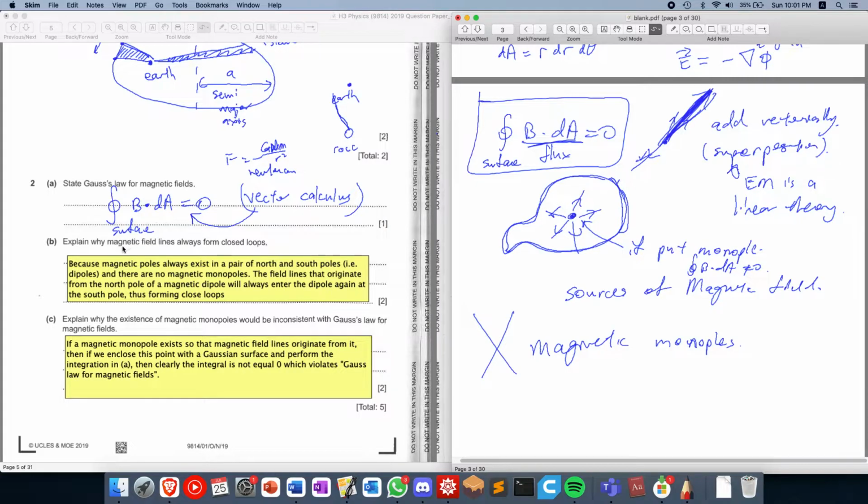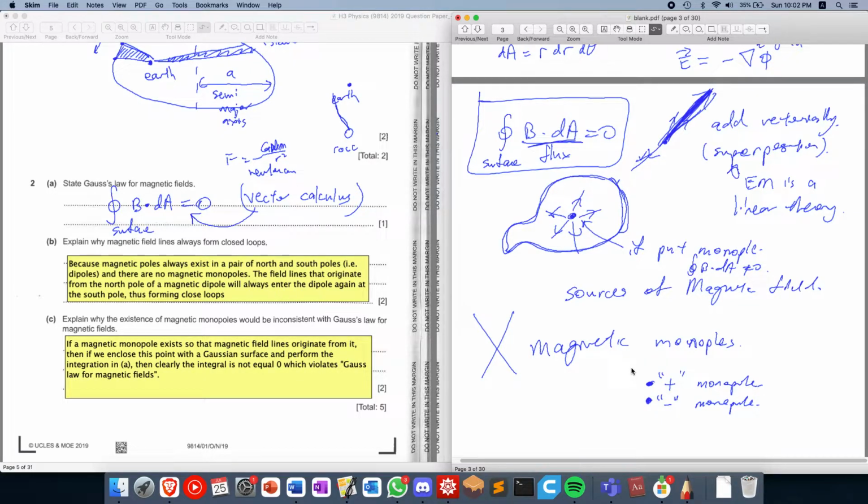So as for part B, why magnetic field lines always form a closed loop is because there are no magnetic monopoles. Any so-called positive monopole must be accompanied by a negative monopole very nearby, because if a positive monopole is physically separated from a negative monopole nearby, then we can always draw a surface here encircling the positive monopole, and as a result, Gauss' law will not hold.